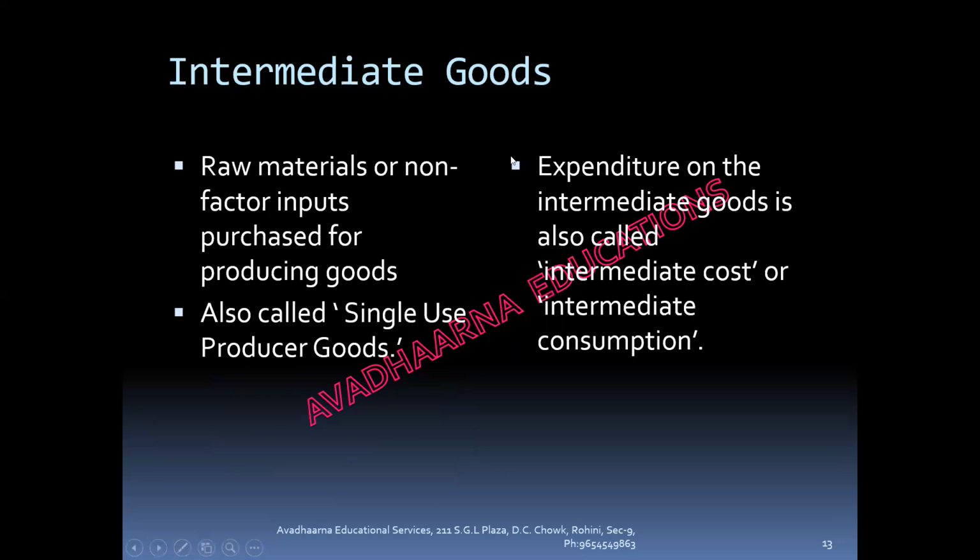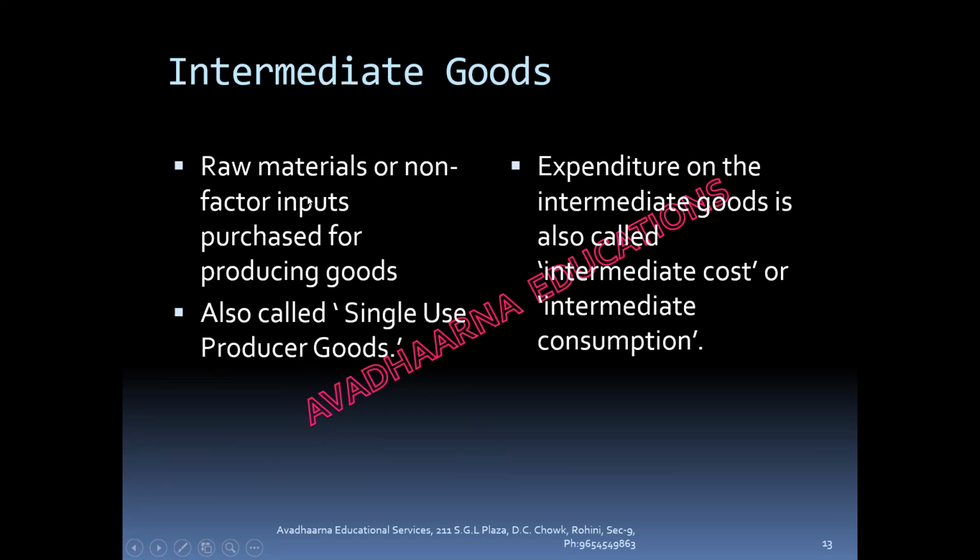So intermediate goods are the raw material, and another name for raw material is non-factor input. Your factor inputs are 4: land, labor, capital and entrepreneur. The raw material or non-factor inputs purchased for producing goods are intermediate goods, and they are also called single-use producer goods.